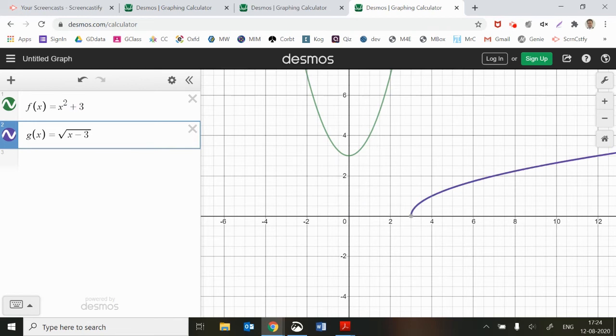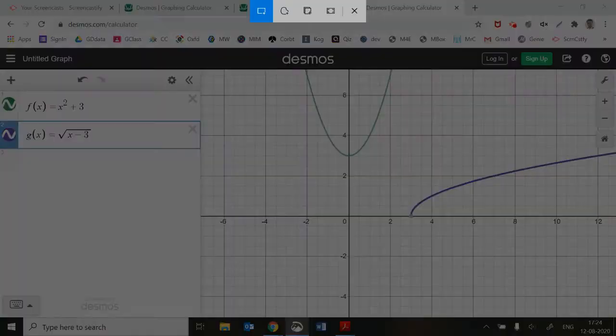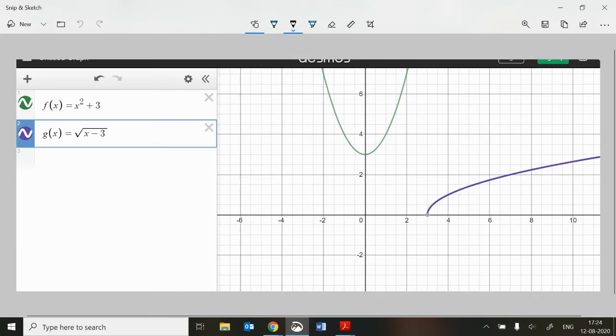So there we go. There's one part of it, and the other part reflected is going to be down there. Now, let's just steal this again so that we can talk about the domain and range. So this part here reflects over this line to this part here.